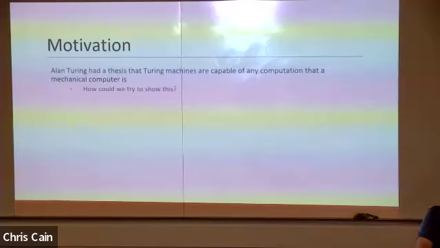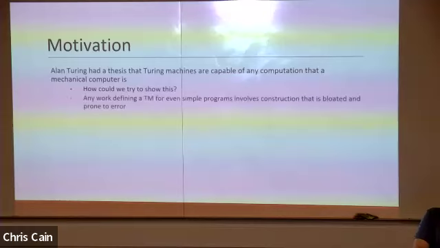So Turing's thesis says that Turing machines are capable of any computation that a mechanical computer is. How could we try to figure that out? Trying to write Turing machine programs for even simple problems involves a process that is, as we've seen now, tedious and also pretty prone to error.